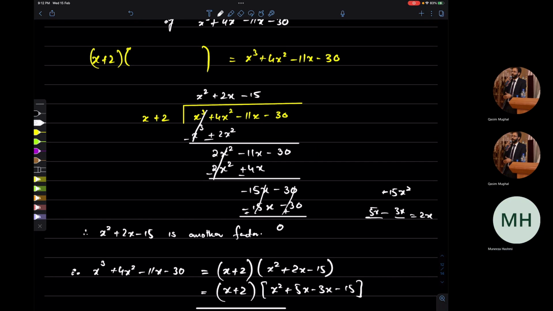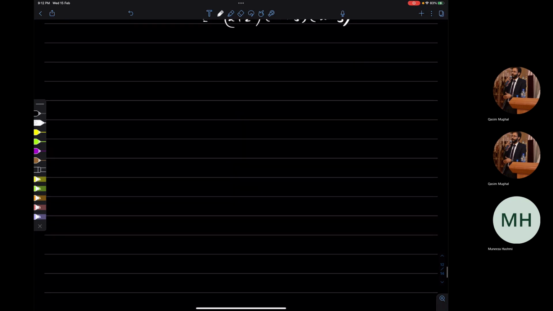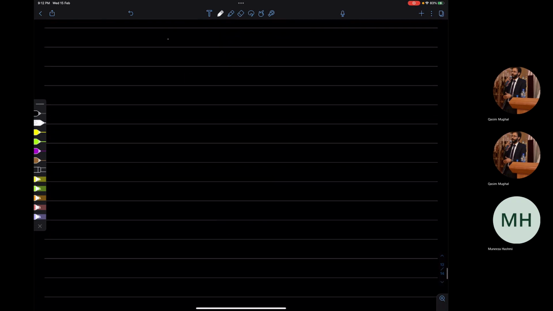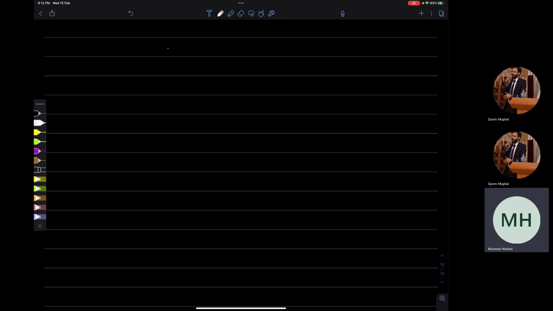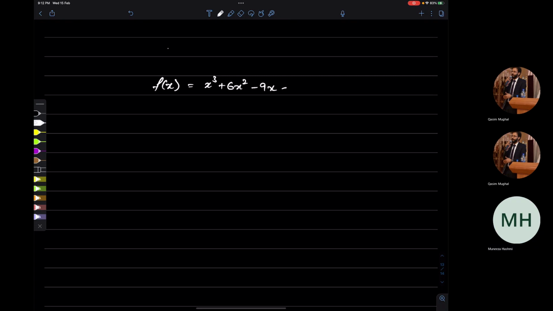That's it. Okay, so you can practice this. I'm giving you a question you can do later on. f of x equals x cubed plus 6x squared minus 9x minus 14.